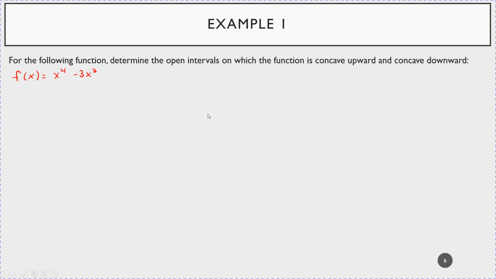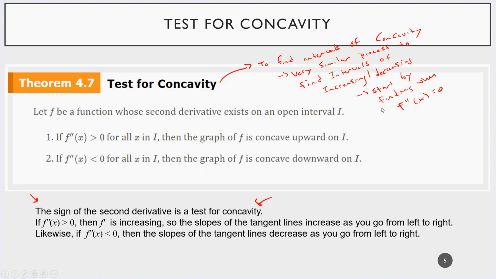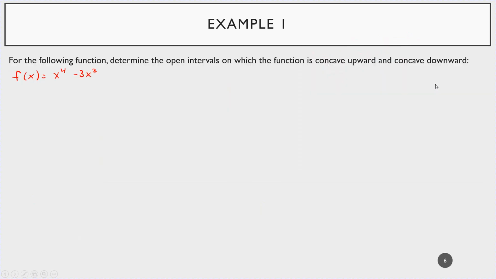To do this, the first thing we need to do is find the second derivative. So f prime of x, the first derivative, is 4x cubed minus 9x squared. Now we take the derivative of that, the derivative of the derivative. The second derivative becomes 12x squared minus 18x.